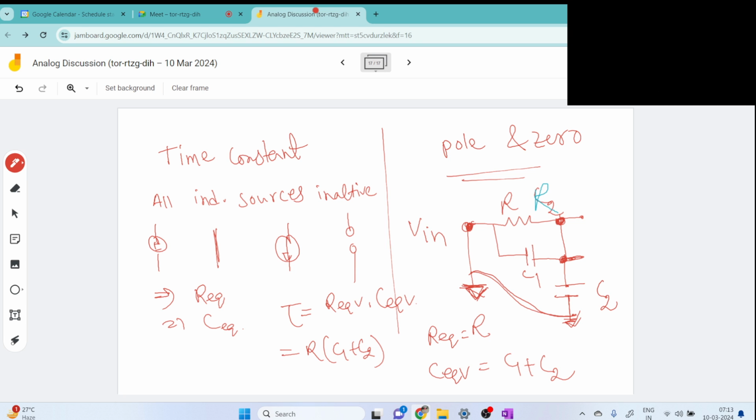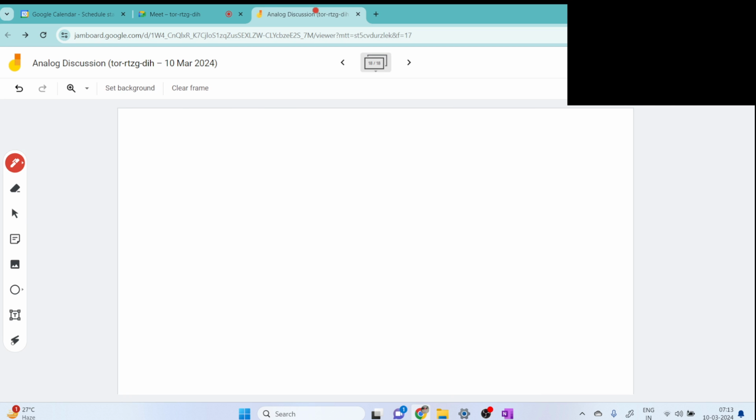Now go to the next page. Another thing: we have two capacitors here. What will be the order of the circuit?